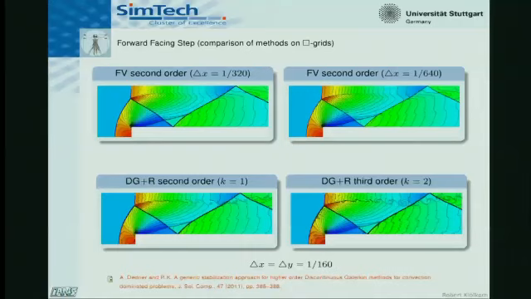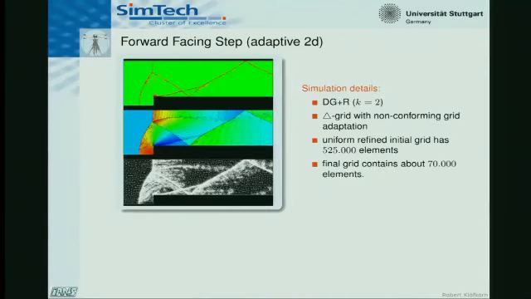So let me come back to adaptivity. Here's the same example, and what you see in the following movie is the shock detector, the density, and the adaptive grid. Green means you're using the original DG scheme.